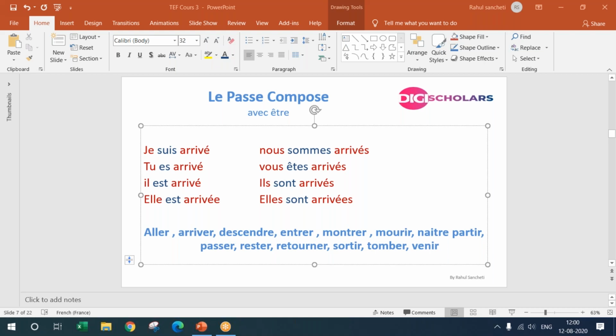The helping verb is avoir for most of the verbs. When I say most, it is not all. So 98% of the verbs use avoir, but only these 14 verbs and reflexive verbs are different. What are reflexive verbs? Verbs which start with se, like what we saw just now. Appeler is to call, s'appeler is to call oneself. So the verb is a reflexive verb. For those reflexive verbs and these 14 verbs, you just have to conjugate with être. Is it clear, Amreen?